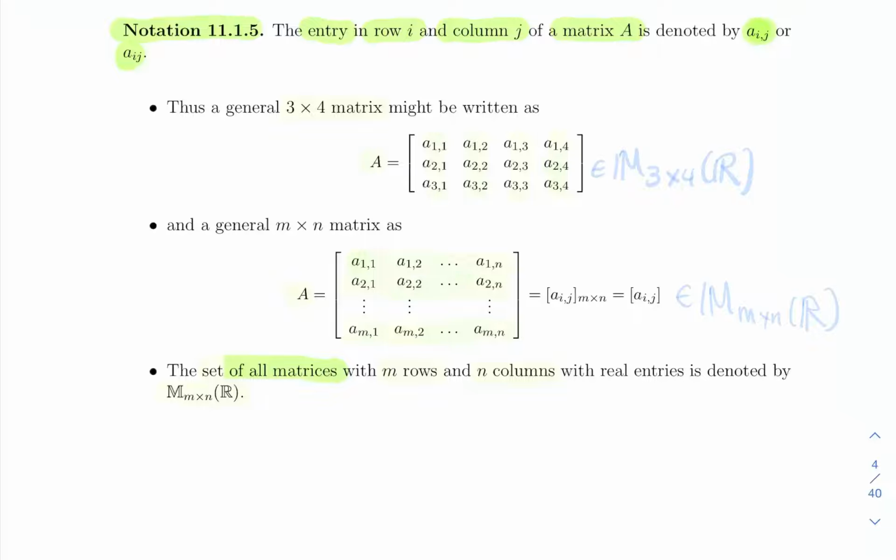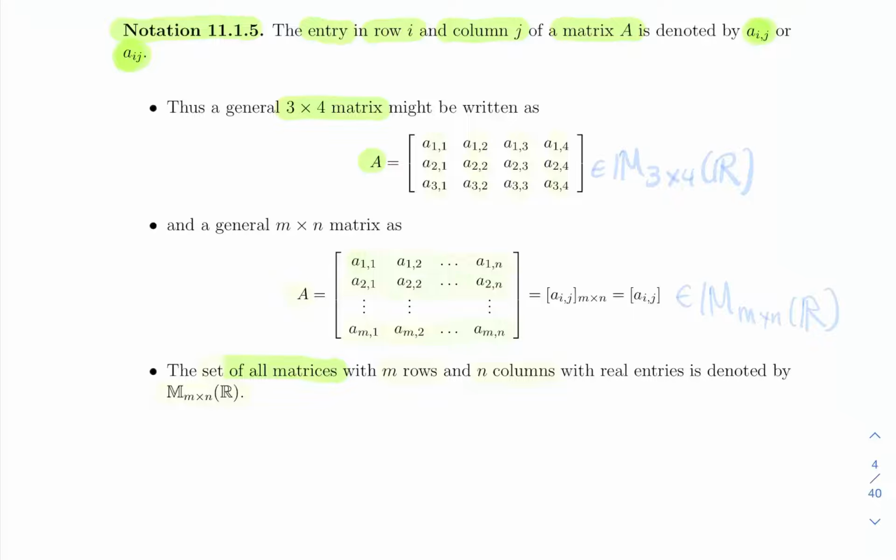Normally for small matrices, we use aij with no commas, but if you have more than 10 columns or rows, then you use a comma just to make a clear distinction between the row number, which is the first number, the i number, and the column number, or the j number. So for example, I have here a general 3 by 4 matrix A.